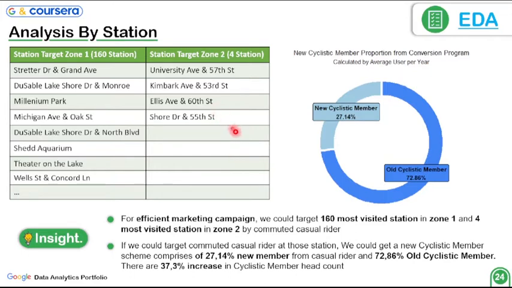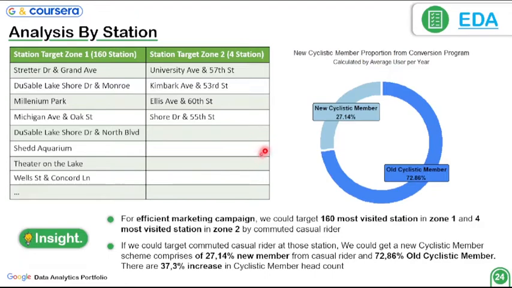For an efficient marketing campaign, we could target the 160 most visited stations in zone 1 and the 4 most visited stations in zone 2 for casual riders who commute.